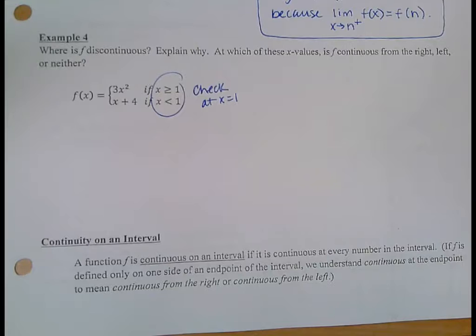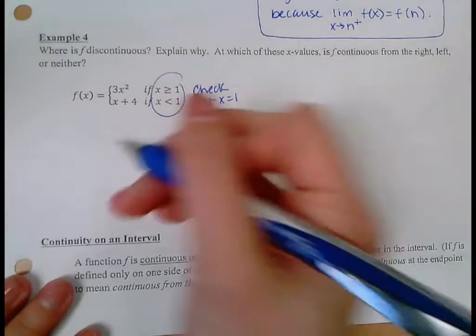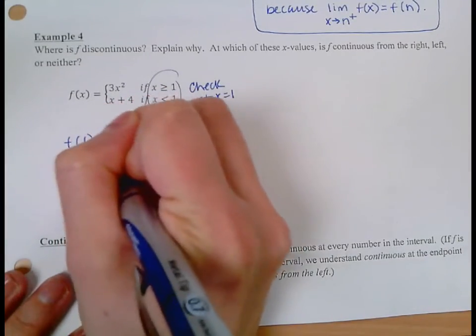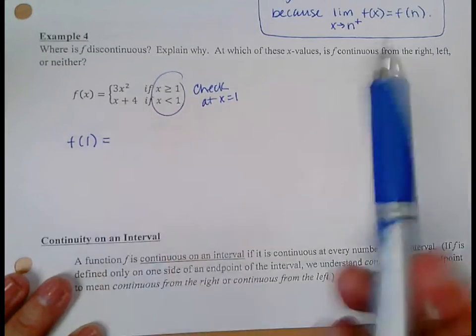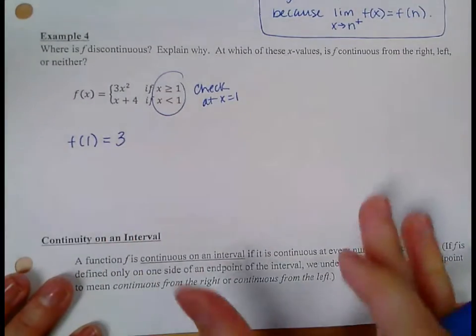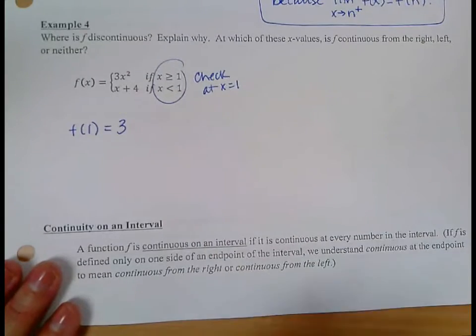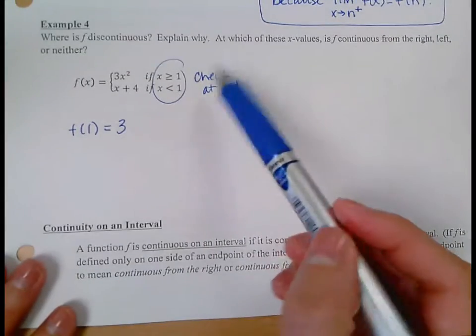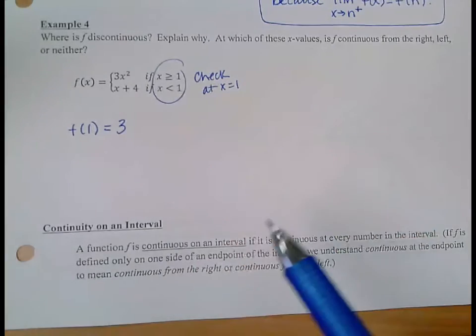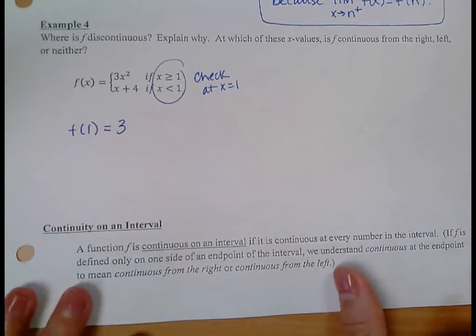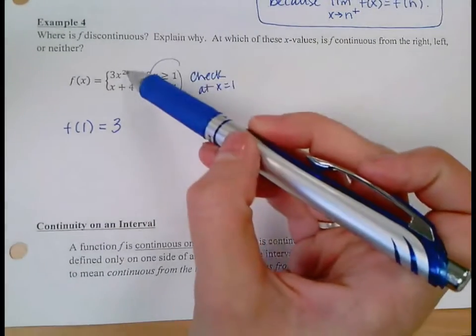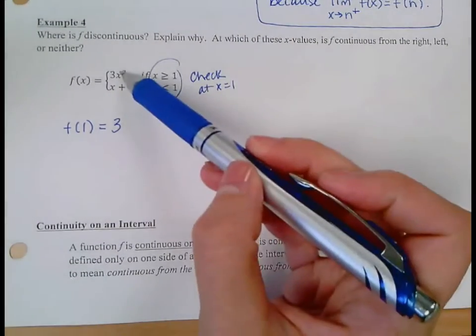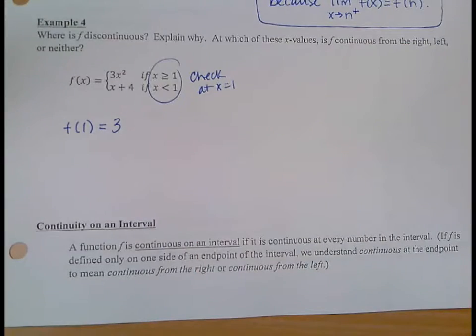Does f of 1 exist? Or is f of 1 defined? So f of 1, yes. f of 1, where x is equal to 1, it would be 3 times 1 squared, so f of 1 is 3. So then we have to check, does the limit exist? Now, this function is different from the piecewise functions we had under example 2, because this has 2 different expressions, meaning we need to find the 2 one-sided limits.